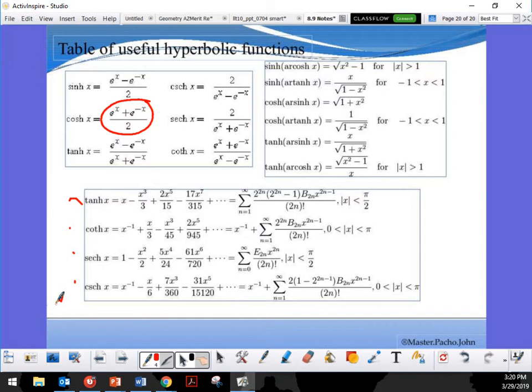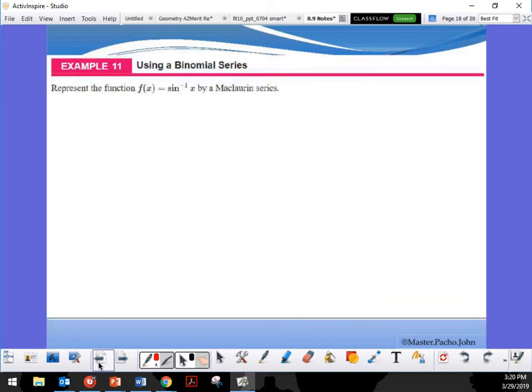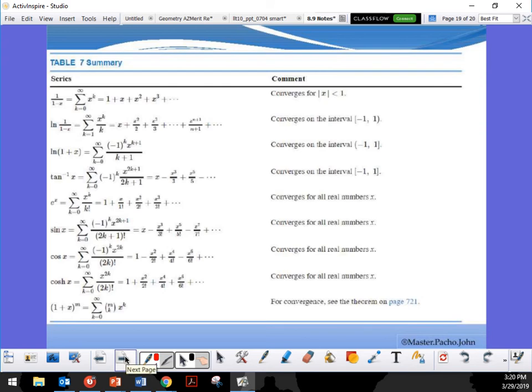Okay, so e to the x plus e to the negative x over 2. Actually, we got this one here too. Now, see this right here? If you guys remember, I sent out a homework, and it says memorize, didn't it? Yeah. Here it is right here.